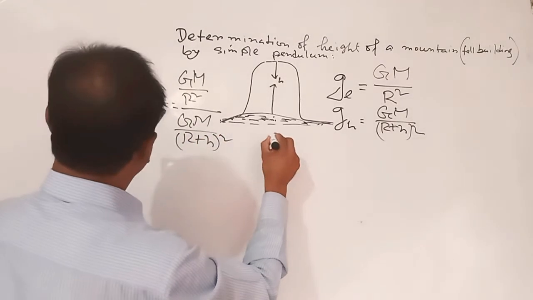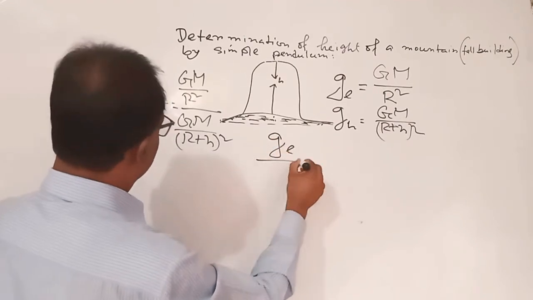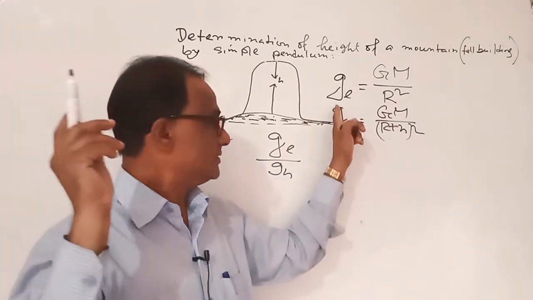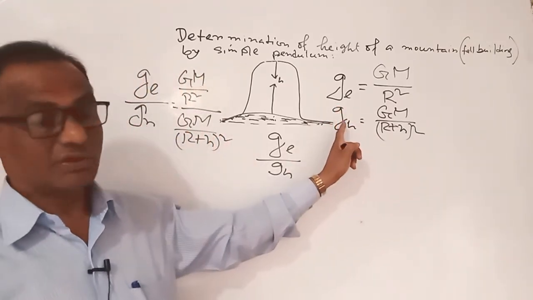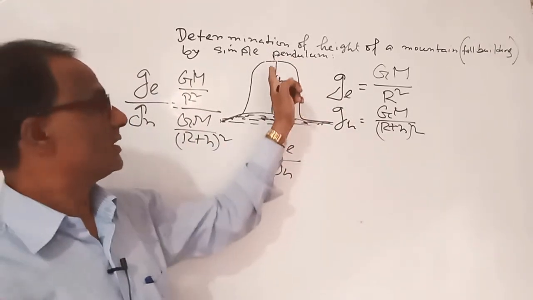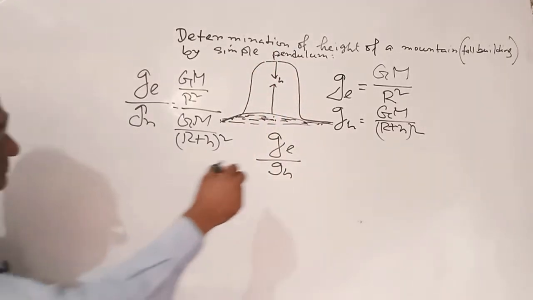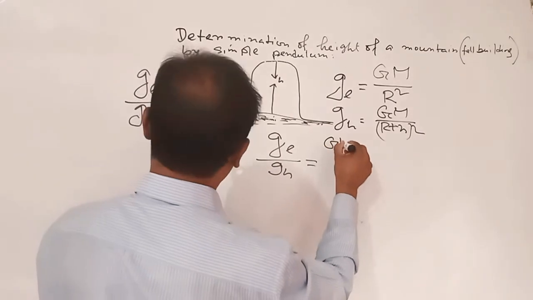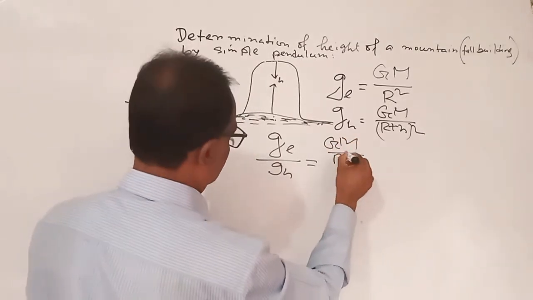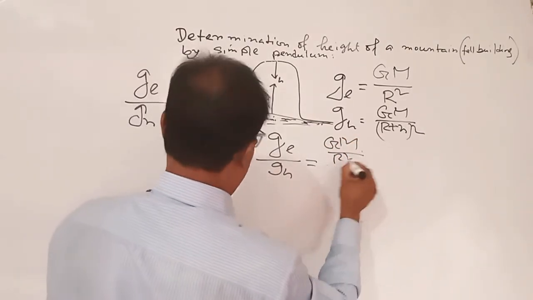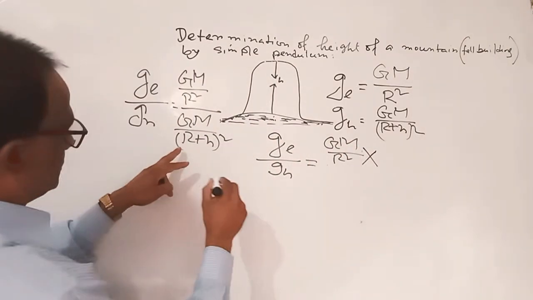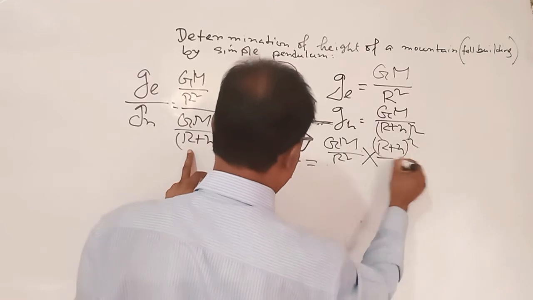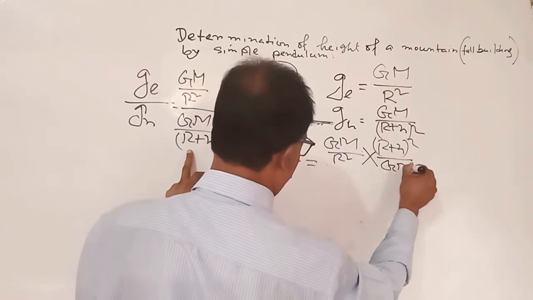So Ge by Gh, where Gh is the acceleration due to gravity on the hill at the top, is GM by R square into (R plus h) whole square by GM.